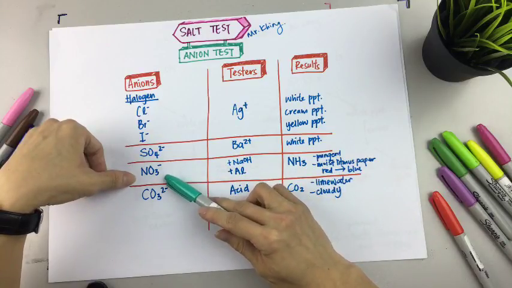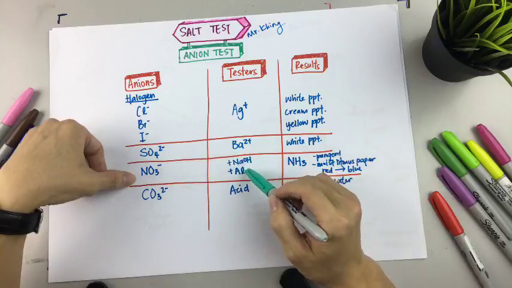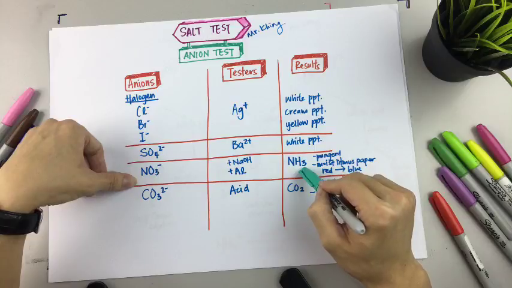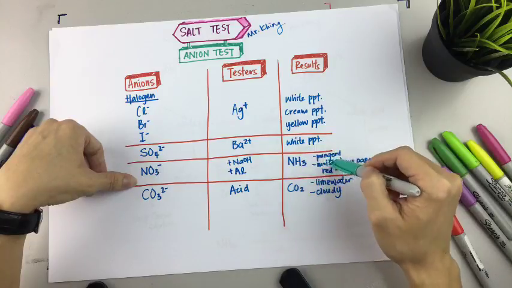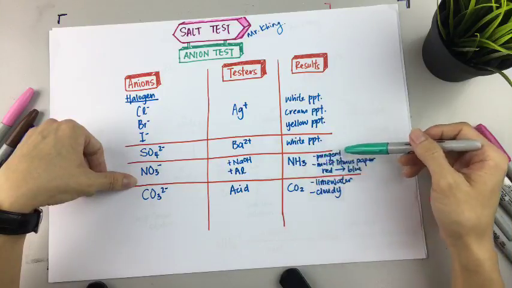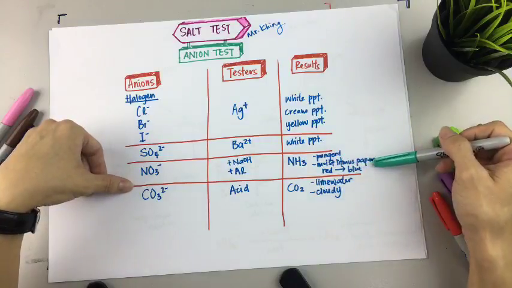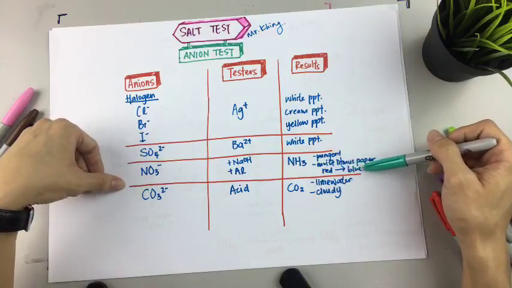When nitrate ions are added with sodium hydroxide and aluminium, it will produce ammonia gas. Ammonia gas has a pungent smell, and we test it with moist litmus paper. It will turn the litmus paper from red to blue.